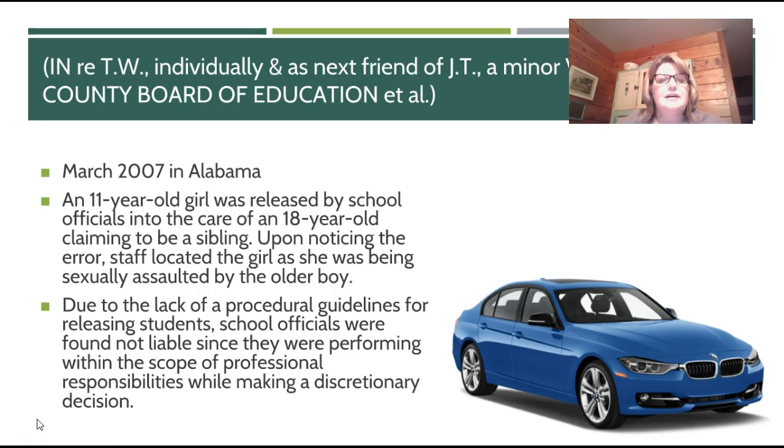The last case was a mom, TW, who was filing on behalf of her daughter, JT, against a number of people, including a principal, a school district, a teacher's aide, a secretary, and an 18-year-old former student of that school. It happened in Alabama, and the case was heard in March of 2007.